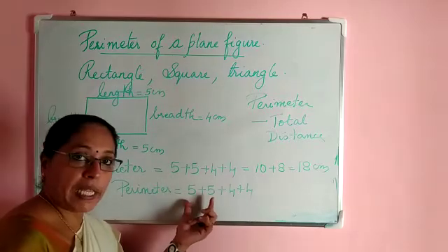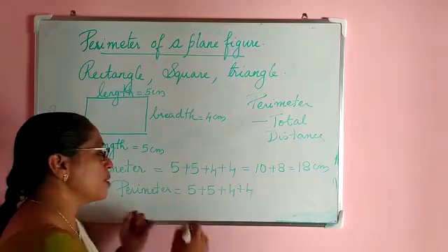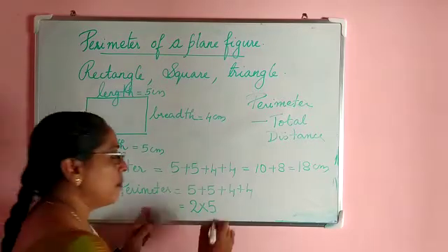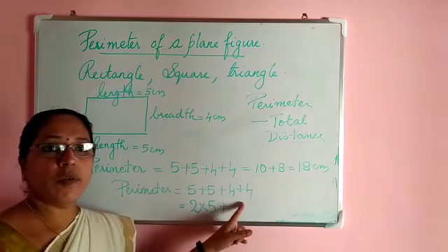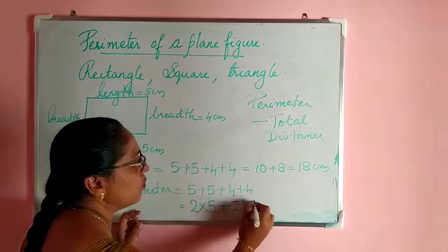How many times is 5 repeating? Yes, 2 times. So we can write 2 into 5 plus, how many times is 4 repeating? Exactly, 2 times. So 2 into 4.